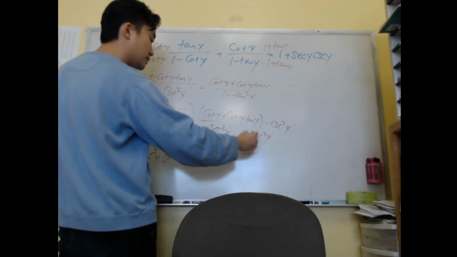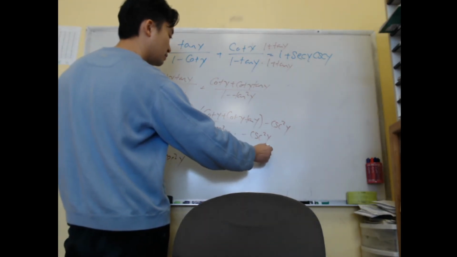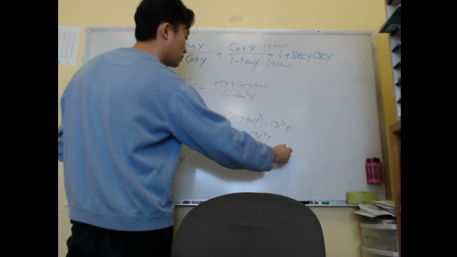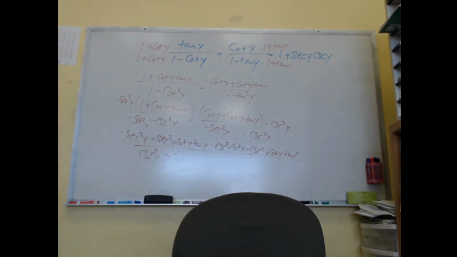Well, negative times positive, secant squared y. What can we cancel here? Or things that we can factor?